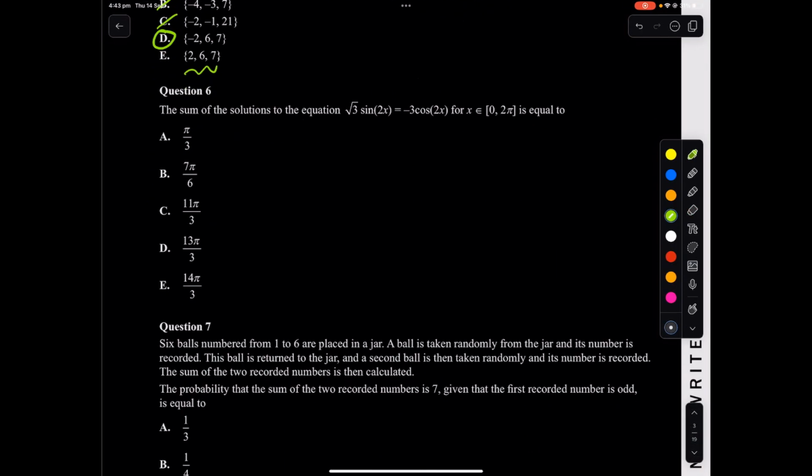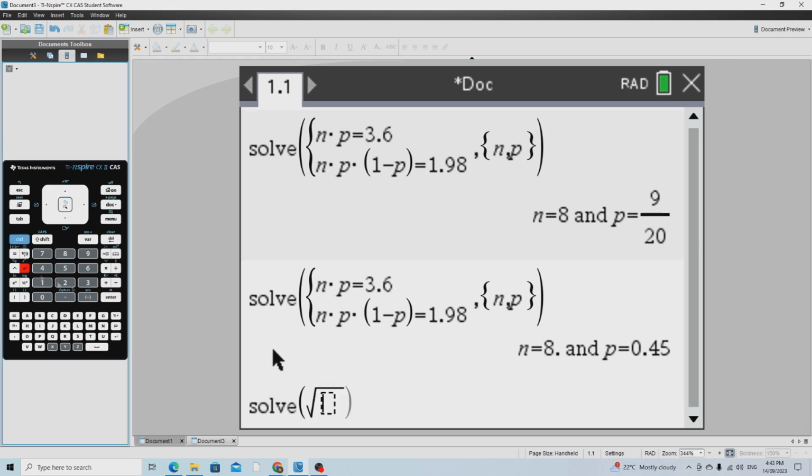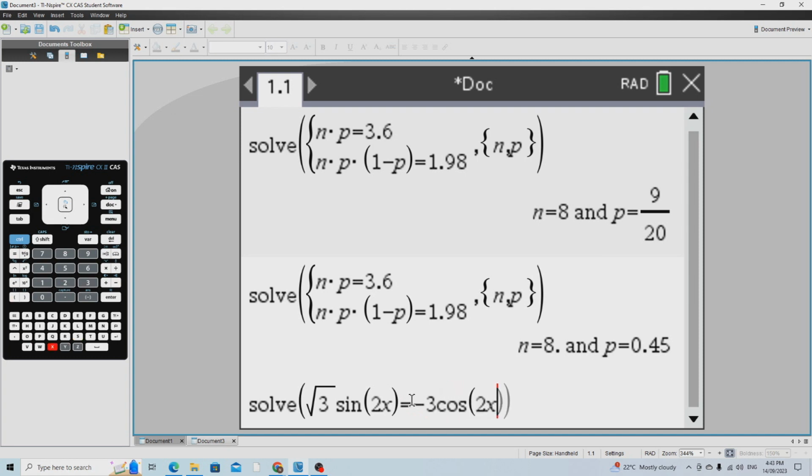The sum of the solutions to this equation for x as an element from 0 to pi is equal to what? Very nice and easy. So I'm going to use my calculator. So what I'm going to say is solve root 3 sine 2x equals negative 3 plus 2x, comma x, given from 0 to 2 pi.